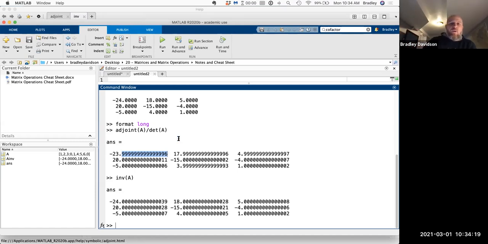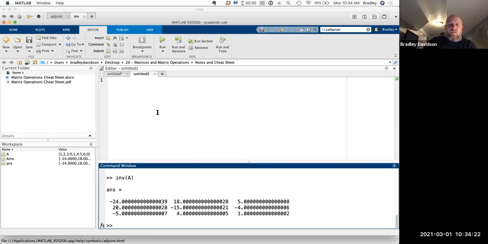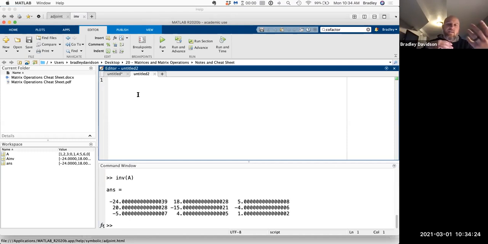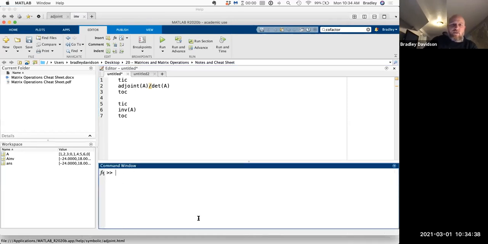One of the things I want to show you is why do one instead of the other. Other than having to calculate an adjoint over a determinant, it comes down to computational speed. There's a couple of commands I want to introduce, called tic toc. Tic starts the stopwatch, and toc ends the stopwatch.